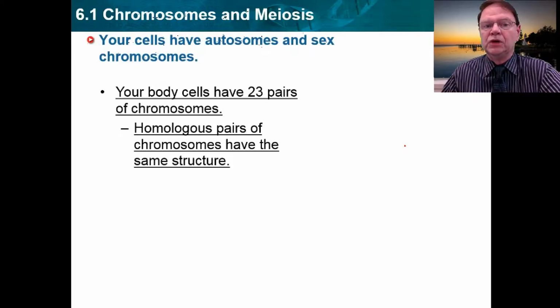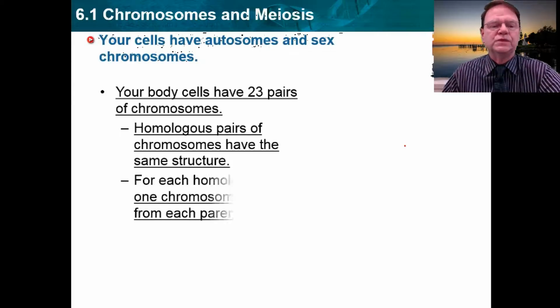They're very similar in a lot of ways, aren't they? And yet they're not exactly identical. And that's what we mean by homologous. These chromosomes are very closely related, and yet they're not exactly identical. You know that they go together, but they're not exactly the same thing. They're not copies of each other, but they are closely related, as we'll see.